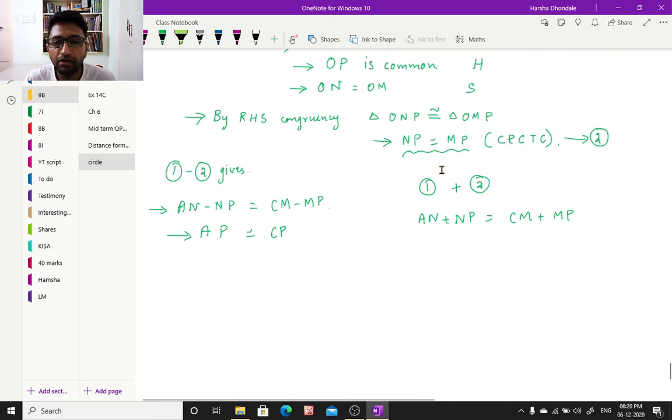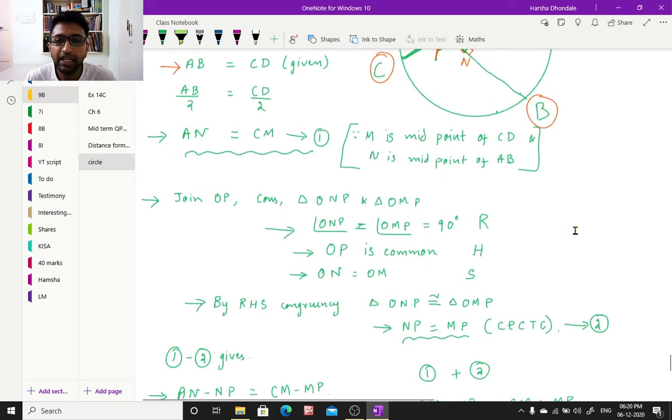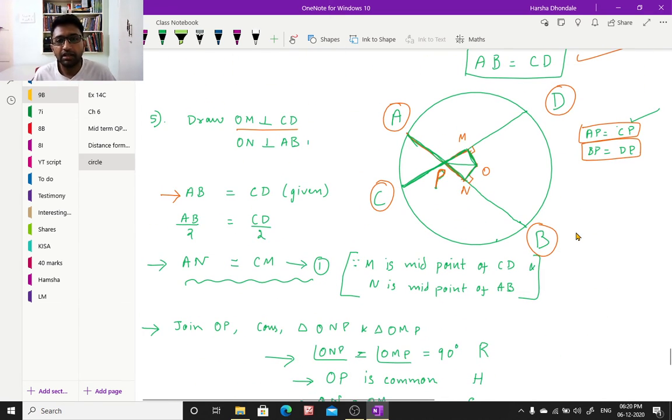AN plus NP is equal to CM plus MP. If you add equation 1 and equation 2, you get AN plus NP is equal to CM plus MP. Now AN is also equal to BN. Why?